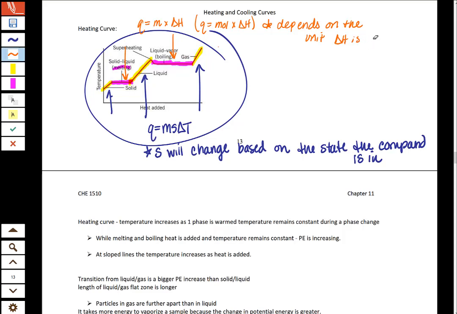And what I mean when I say this depends upon the unit, I mean what you're multiplying delta H by. And we'll see an example of this in a couple of moments.